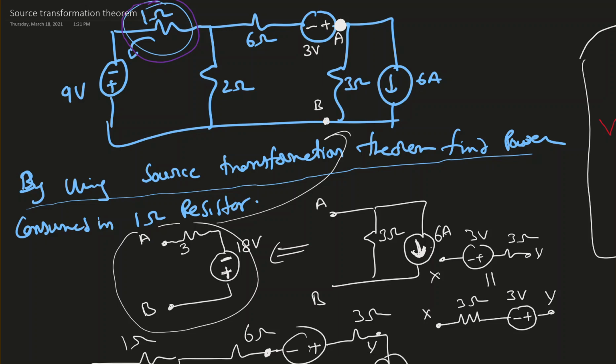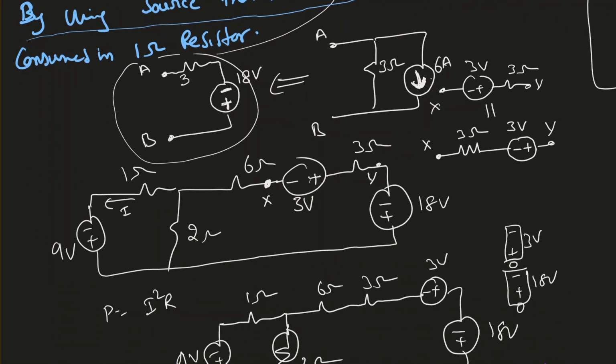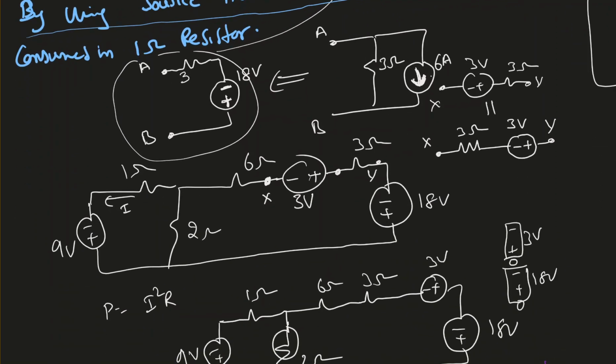So after converting it, I'm connecting it back. Here is my A, here is my B. Now these two resistors and the source are in series. Since those two are in series, I'm going to switch them.